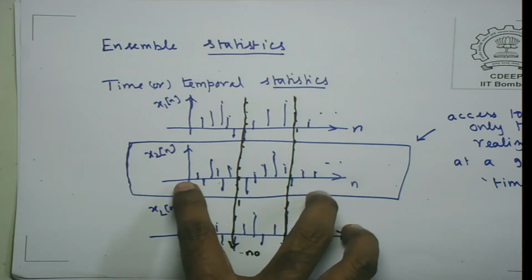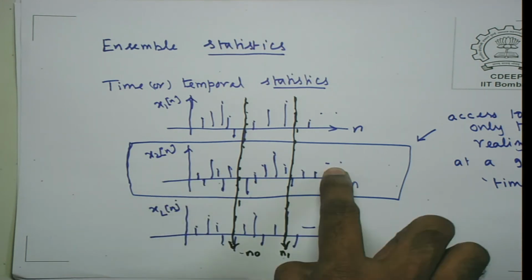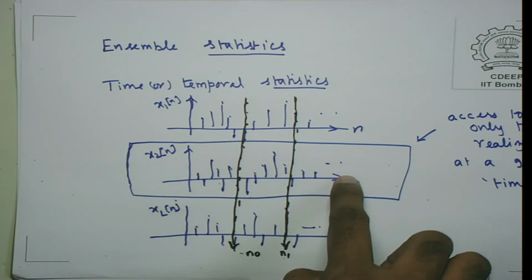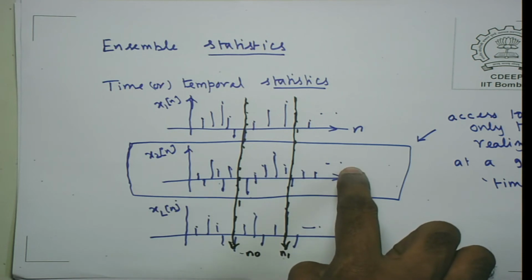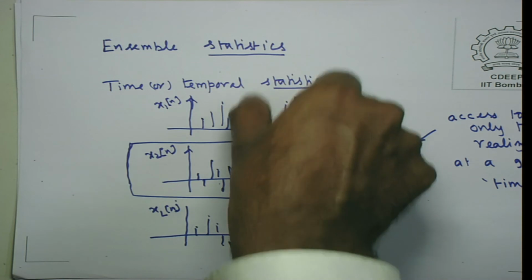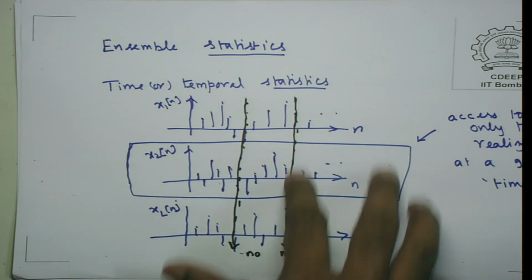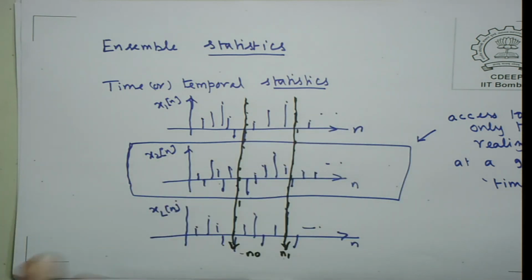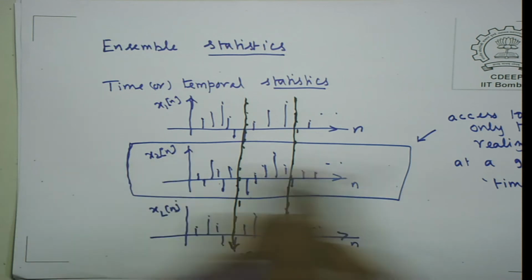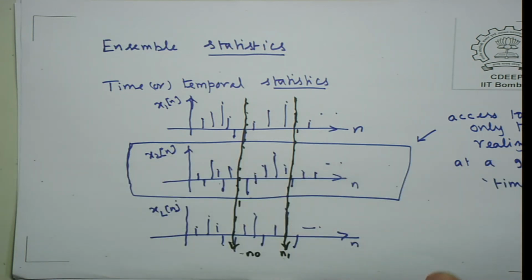What we mean by temporal is if I move across time and I look at the statistics. For example, maybe I take an average, right. This average across time is not necessarily the same as the average across ensembles at a given n, right. These are two different statistics, and we want to make sure that when we use this one sequence to understand some of the statistics, they match the ensemble statistics.